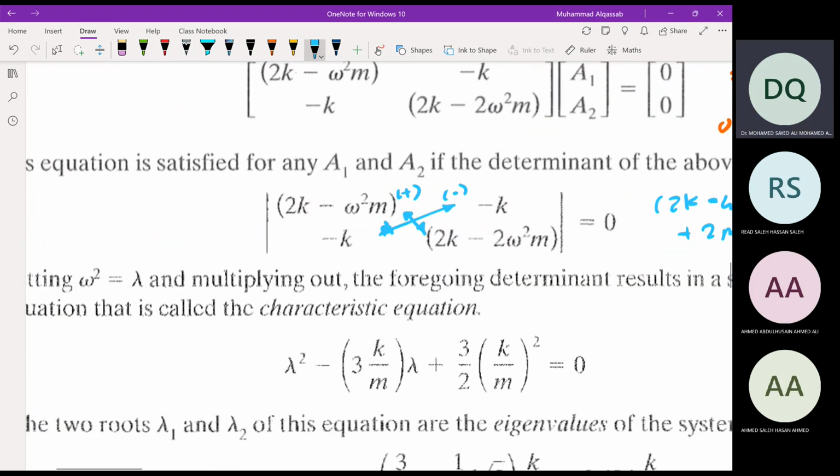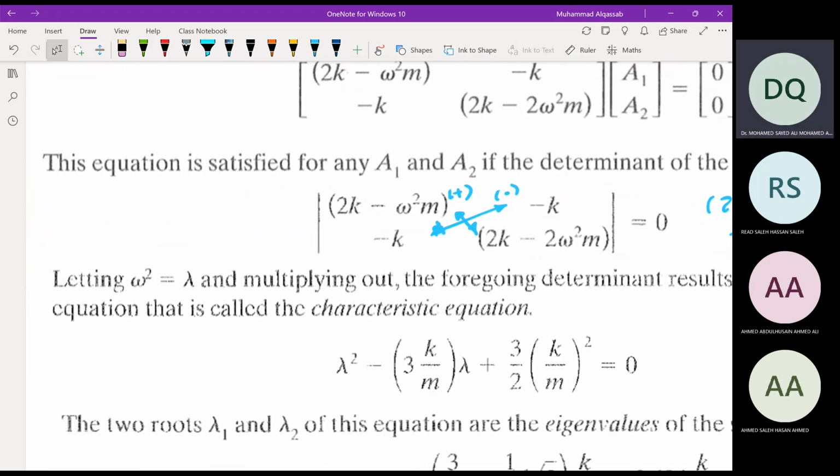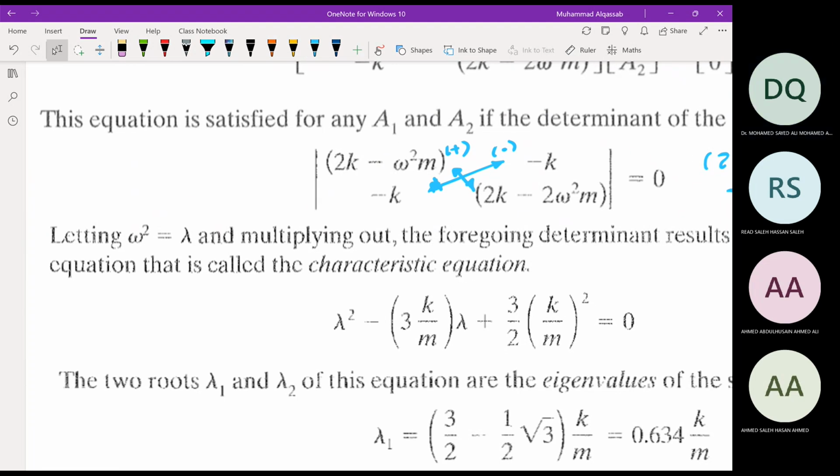We can use that omega squared equal to lambda. Lambda is called eigenvalue. Now you notice the difference between omega n or natural frequency and eigenvalues. This is mathematically called eigenvalue, which is the one that you found in linear algebra.